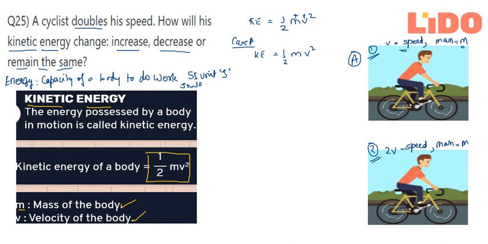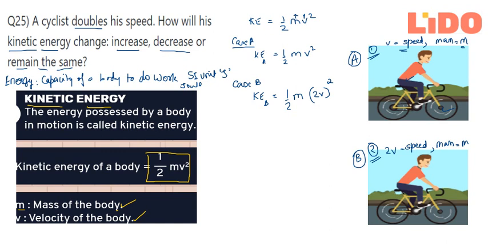Okay, let's have a look at case B now. So we are looking at case B where the cyclist has doubled his speed. So let's say this is the kinetic energy for A and this is for B. So for B it will be half. Now mass is again the same because he is the same rider, he is having the same cycle, so mass doesn't change. Half m, but here the velocity has become 2v, right? 2v square.